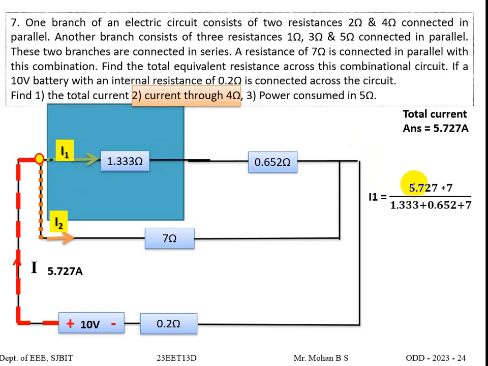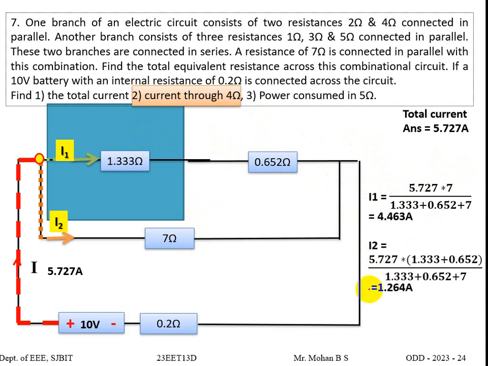So I1 is equal to the main current I into the opposite resistance 7 ohms divided by the sum of the resistances, that is 1.33, 0.652 and 7 ohms. Now I2, I have done that, you can make a note of it, however it's not required. You can apply current divider to find I2, or by KCL also we can find the value of I2.